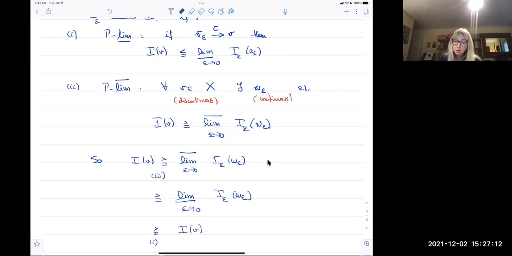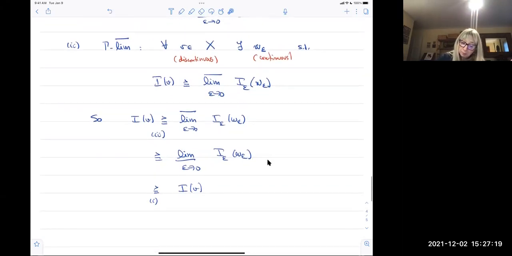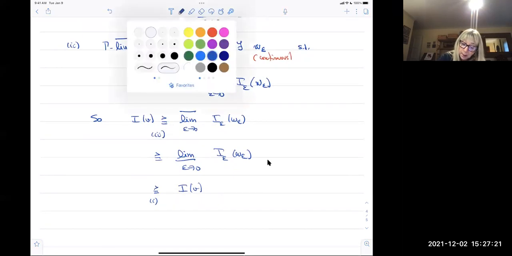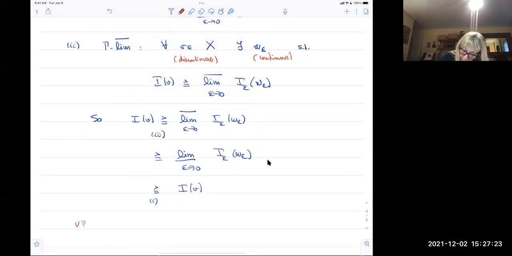And if you look at this string of inequalities, well, you better have equalities everywhere, right? So the upshot is that indeed I of V is actually a limit of I epsilon of the sequence W epsilon.